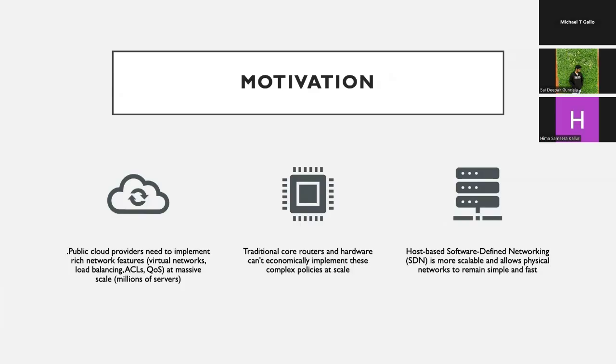It pushes complexity to the software layer on hosts, where cloud providers can achieve better economics while maintaining high performance. So that's the major motivation behind VFP. It creates a more scalable, flexible, and economical network infrastructure for the public cloud with connection-based policies.